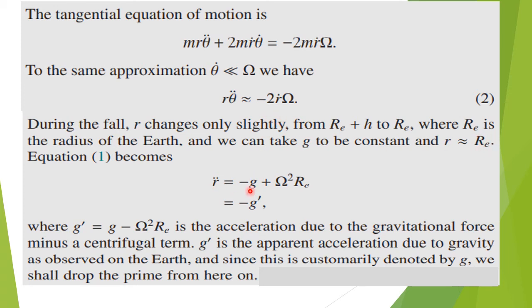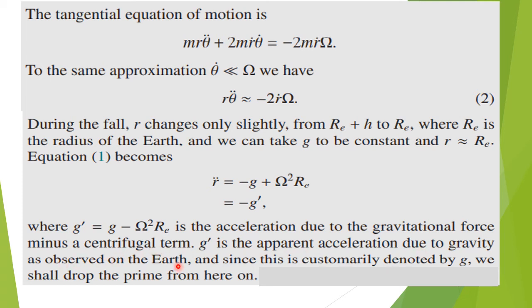So in equation 1, the radial equation, r double dot is equal to minus g plus ω² r_e, or minus g', where g' is equal to g, the actual value of acceleration due to gravity, minus ω² r_e, which is the centrifugal term. So g' is the apparent acceleration due to gravity as observed on Earth.